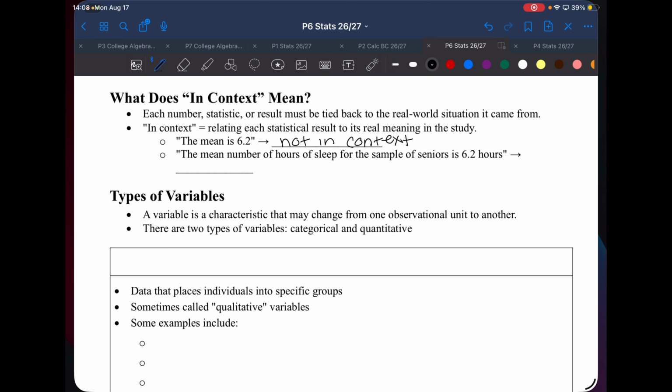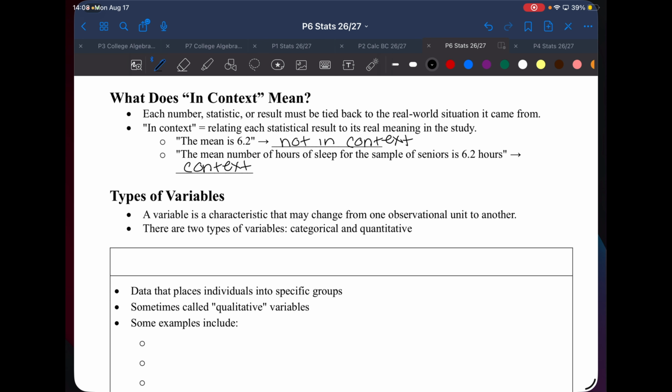Because 6.2 what? 6.2 hours, 6.2 shoe size, 6.2 height, we don't know. Okay. Now look at the next one. It says the mean number of hours of sleep for the sample of seniors is 6.2 hours. Is this in context? Yes, we know exactly what this number, 6.2, is representing and what population it came from.